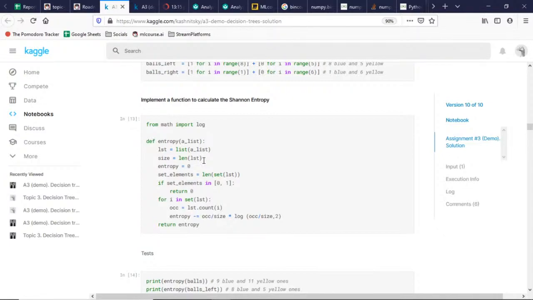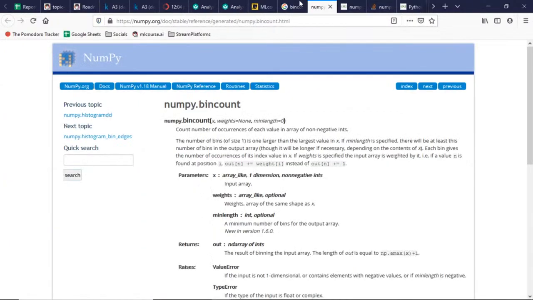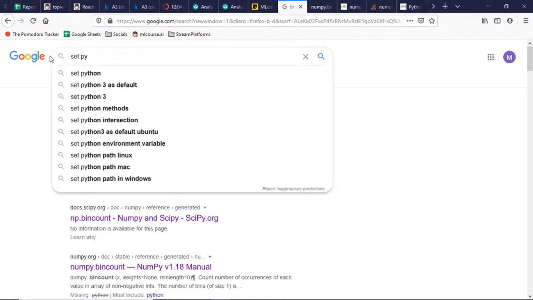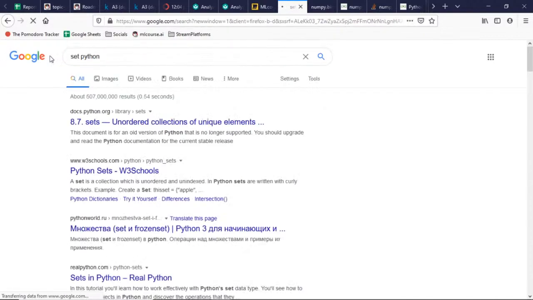Not so sure what it is. Yeah, I don't know, let's Google it. What is set in Python? I do know what it is in C++, but not so sure what it is in Python.